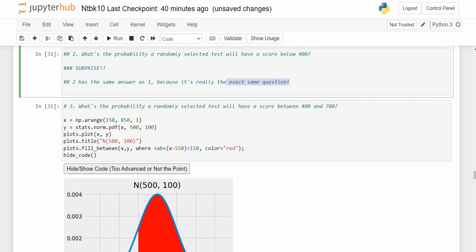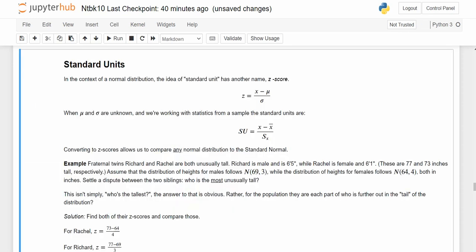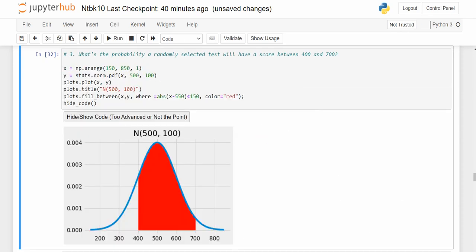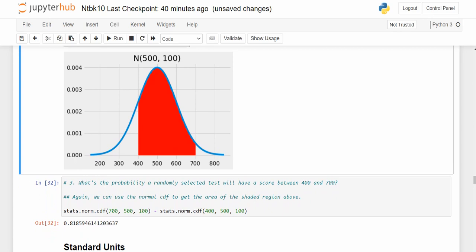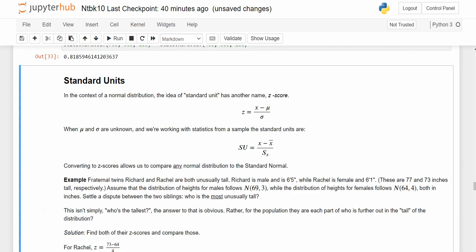What's the probability a randomly selected test will have a score between 400 and 700? We're going to do the same thing, but shade between 400 and 700, and then we can use stats.norm CDF to figure this out.